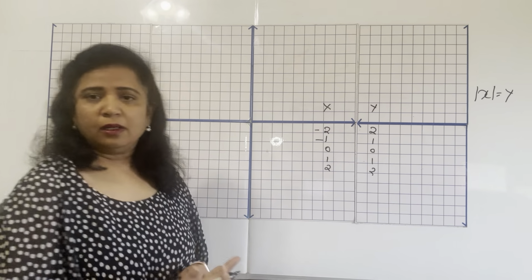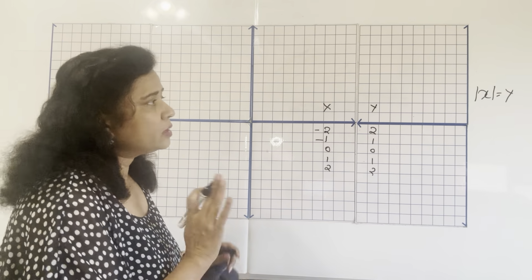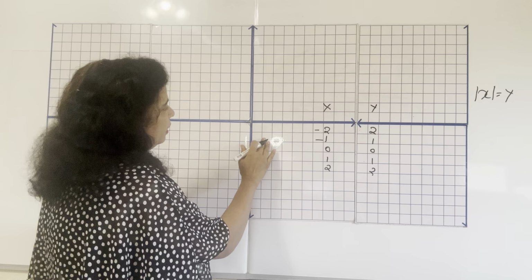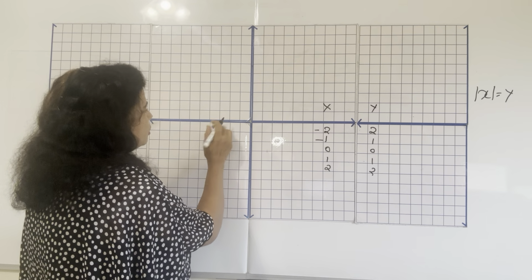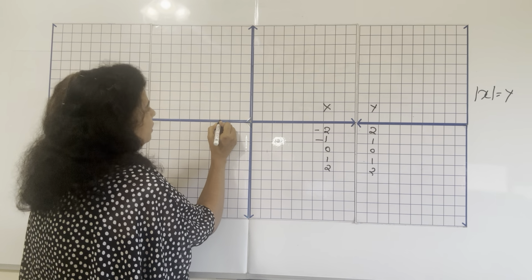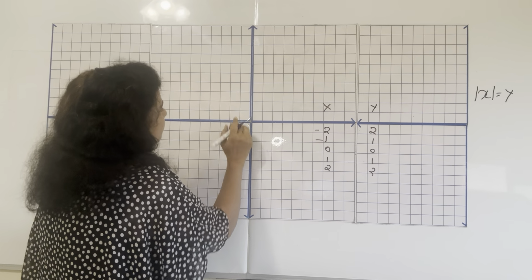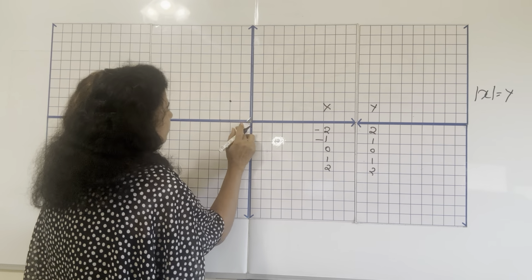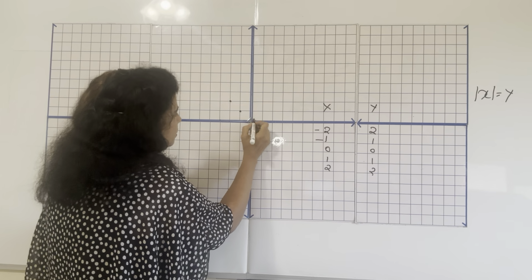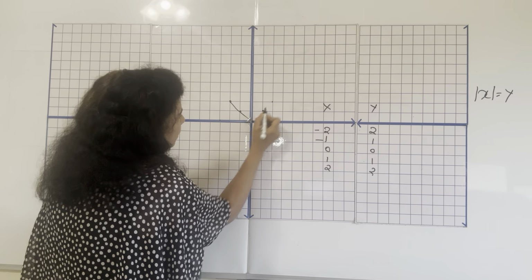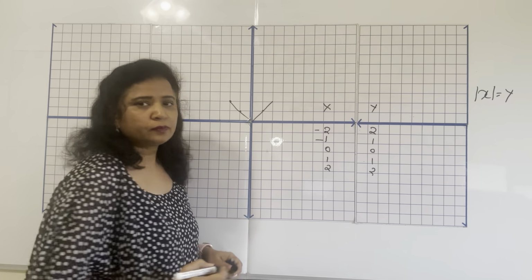This is the graph of just the absolute value of x, right? If x is minus 2, then y is 2; minus 1, then y is 1; 0, 0; 1 and 2. So as you can see, it's a V shape.